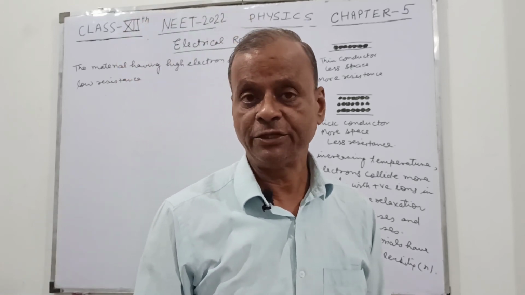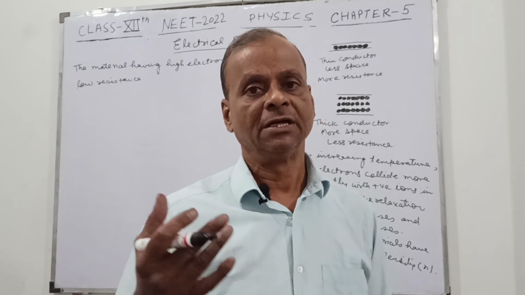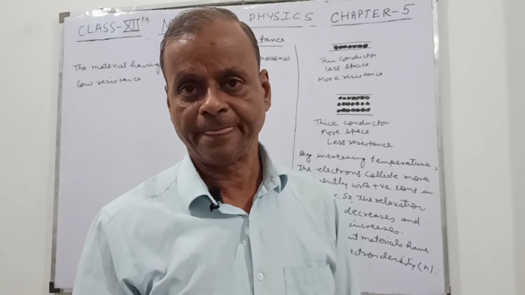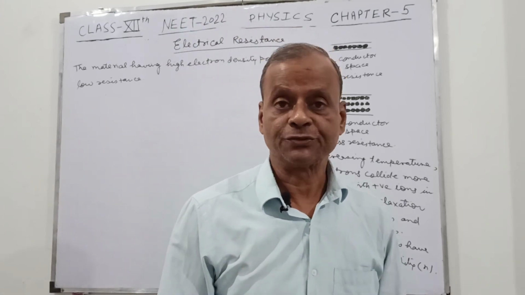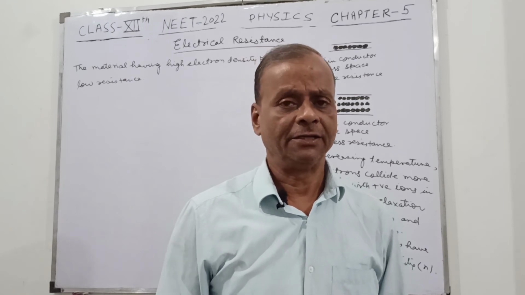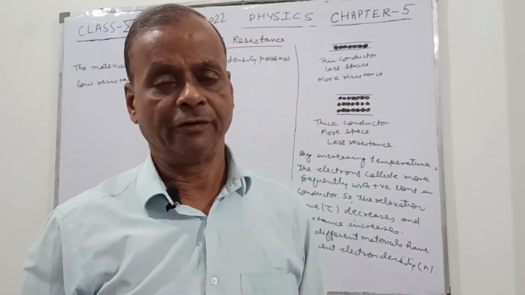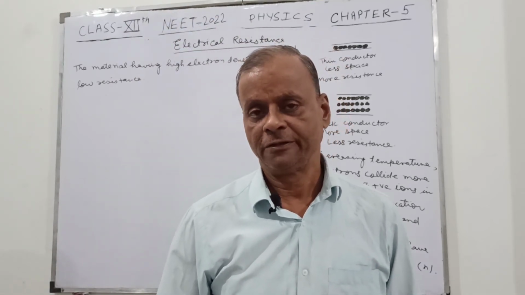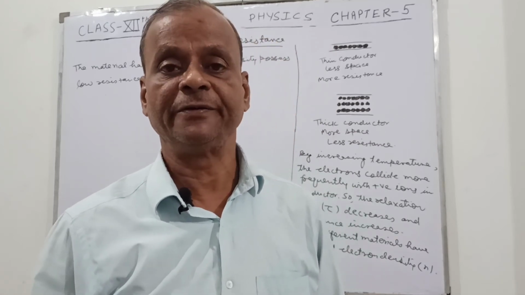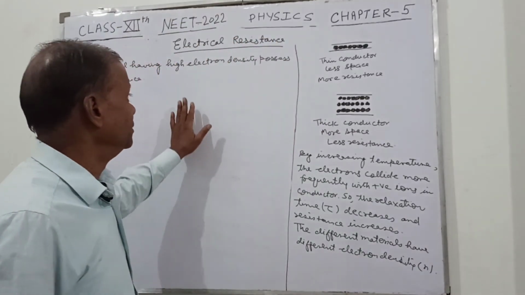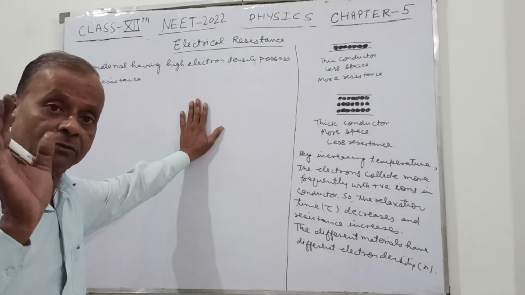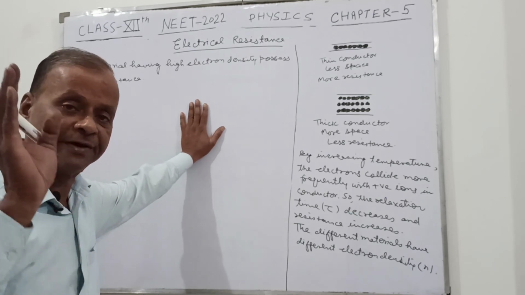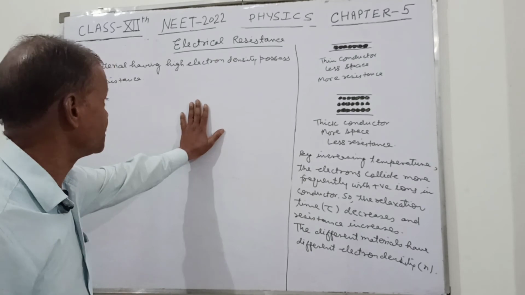So copper is generally used in making electrical circuits, whether at home or in electronic circuits. And nowadays aluminum being less costly, some electricians also use aluminum wires. In this way, the material which has very high electron density has very less electrical resistance.